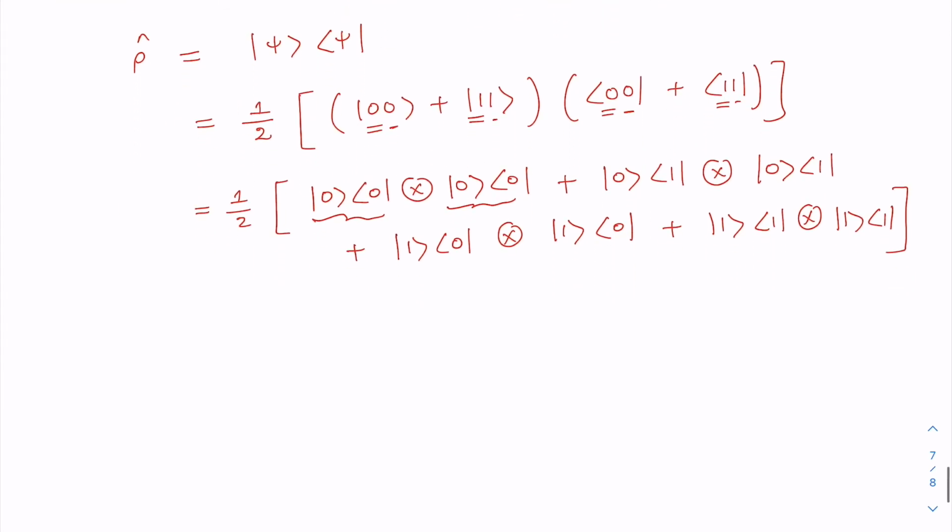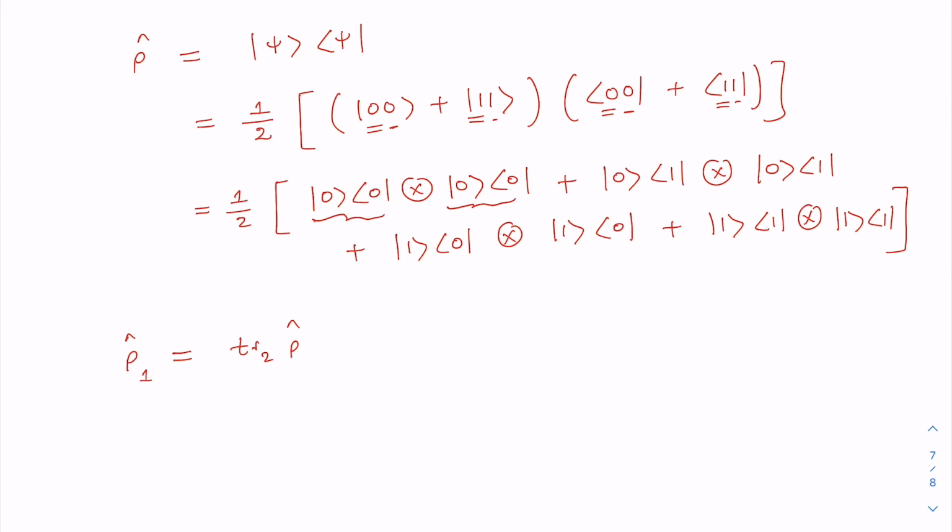And now to find the reduced density matrix for the first transmon qubit, I will have to trace out the second transmon qubit.